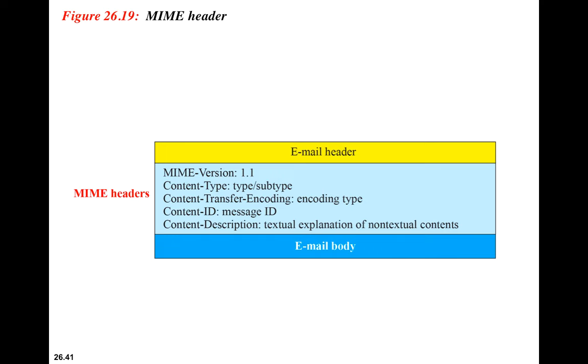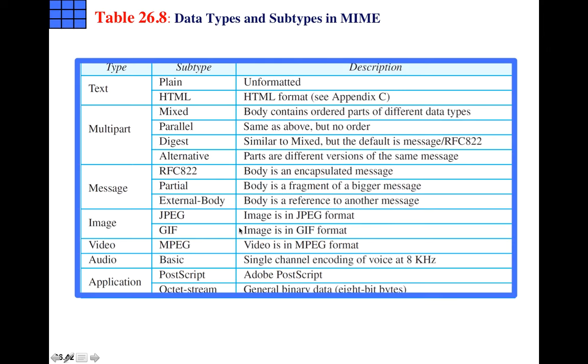And in this case, if we're making use of the MIME format, we have the MIME headers, which will tell you what type of a version it is, the content, the encoding, the ID, and the description. So, for example, we have different types of data types and subtypes in MIME. We could have text, we could have multipart, which means the body is containing different data types.